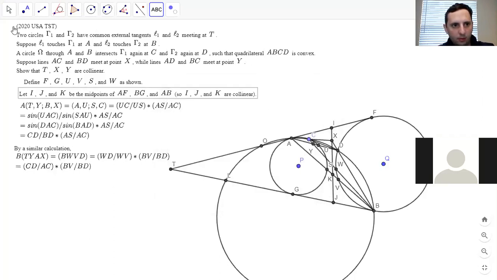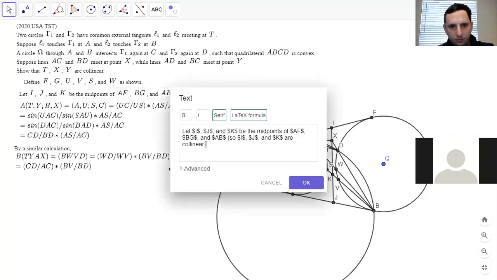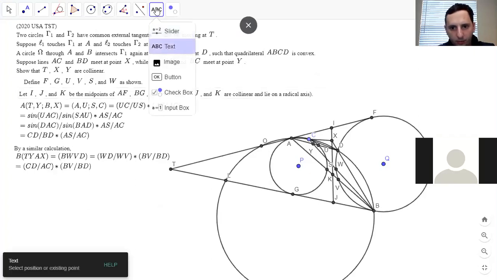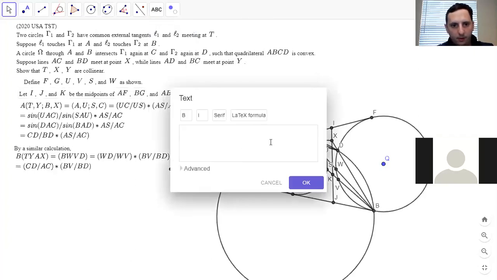Y on a radical axis. And then, okay, so we have KS times KA equals KB times KB.